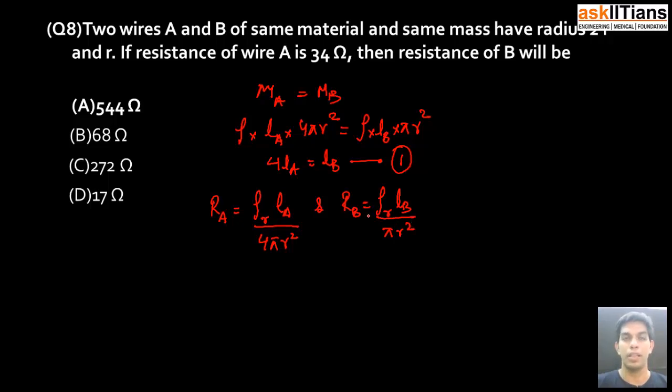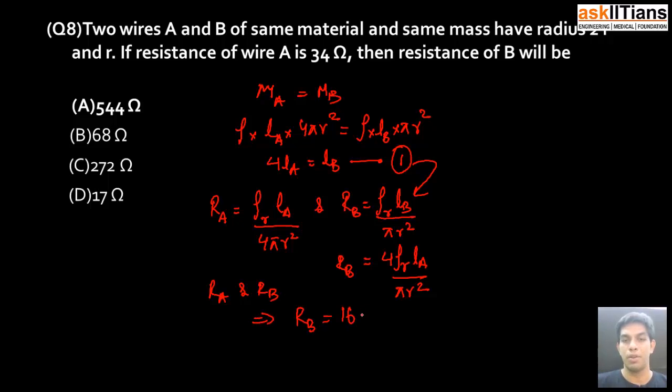Now substituting the value from equation 1 in this expression, we get RB equal to 4 rho r LA divided by pi r square. Now comparing RA and RB, we get RB equals 16 times RA. So substituting the value of RA, that is 34 ohm, we find out that A is the correct option.